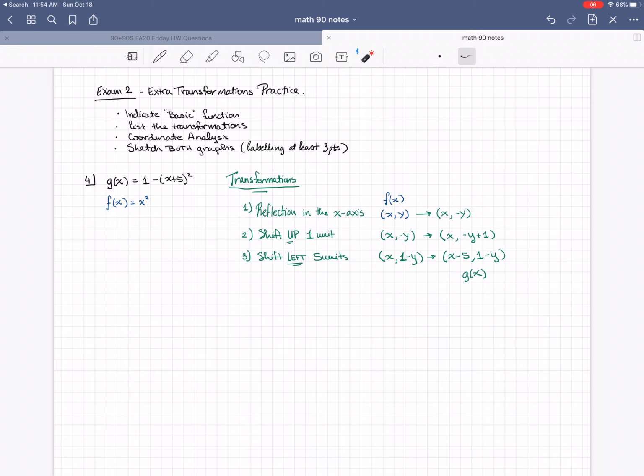So you started with a point on f, and then you wound your way over, and this is where you ended up. So we have already completed the coordinate analysis. And I generally find once you're comfortable with the idea of coordinate analysis, it's really handy to do before you do the graph. It's a great tool in graphing.